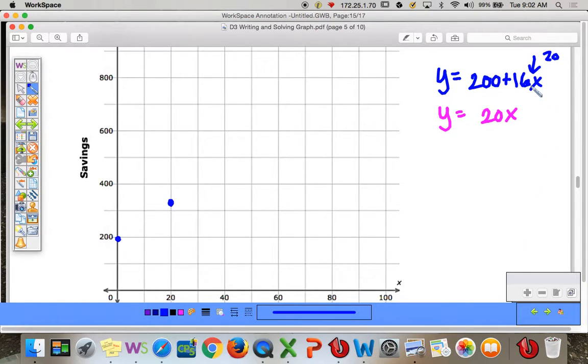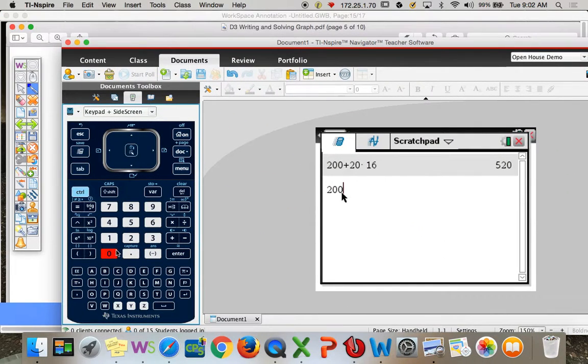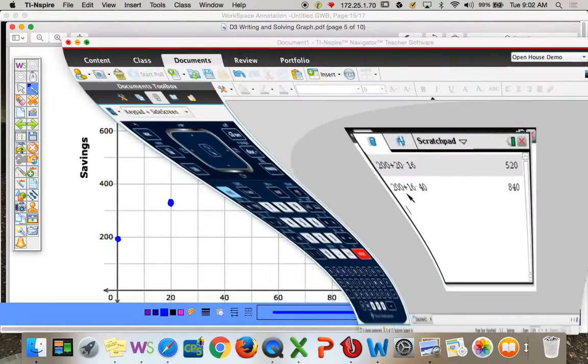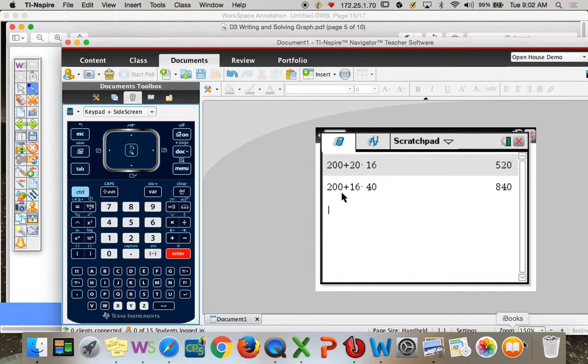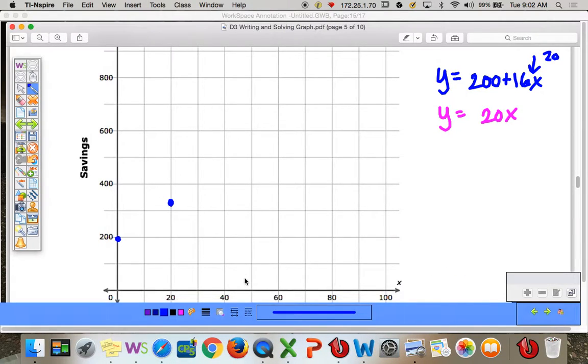Let's do another week. So for 40, I'm going to plug in 200 plus 16 times 40. 840. Okay, so here's 8. So 40. Did I type that in right? 200 plus 16 times 40. 840. Seems to jump too much here. Let's double check.